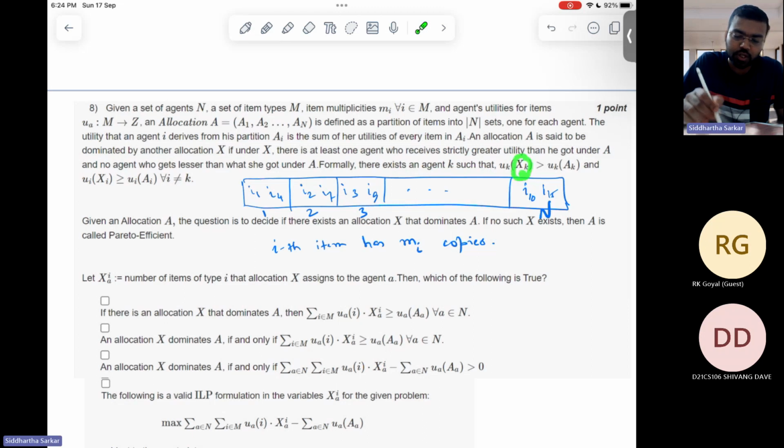X sub K is the box corresponding to the person K under the allocation X. If you take the sum of the utilities of the items allocated to this person K under the allocation X, that utility is strictly more than the sum of the utility of his box, that is A sub K. And for every other agent I not equal to K, the utility the agent is getting under the new allocation is no less than the utility he or she was getting previously. So the definition of domination is this. Is that fine?